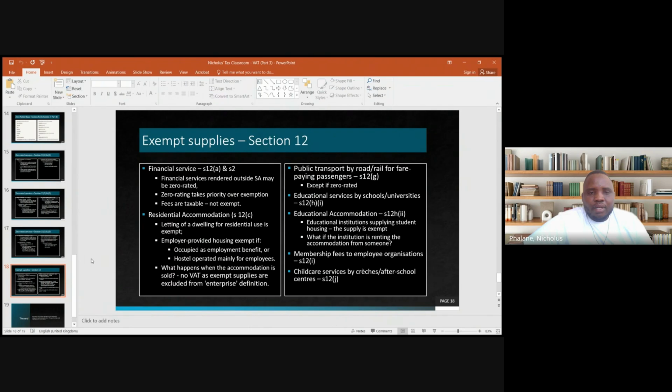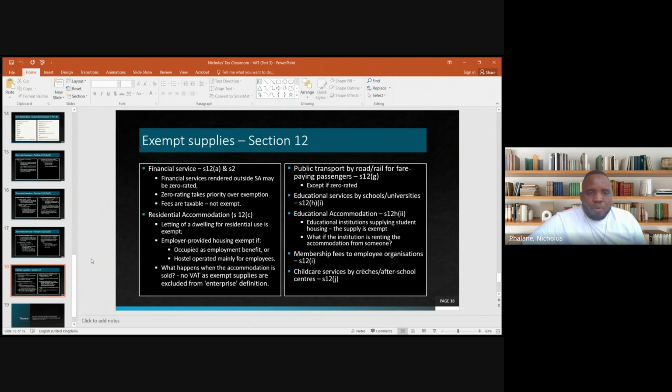So when it comes to exempt supplies, always be on the lookout for whether those services can be zero rated, because zero rating takes priority over exemption. Then, like I said in the prior session, fees relating to financial services are not exempt, so they are taxable. Then let's look at section 12C, residential accommodation. Basically, we are saying letting of a dwelling for residential use is exempt.